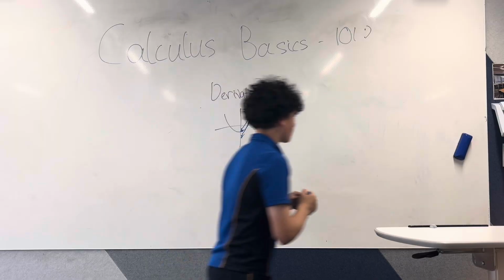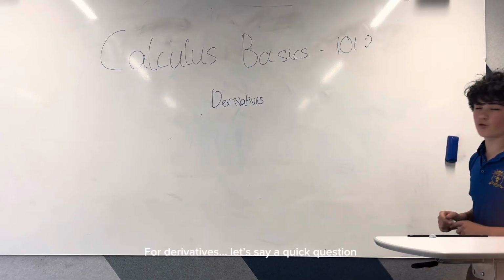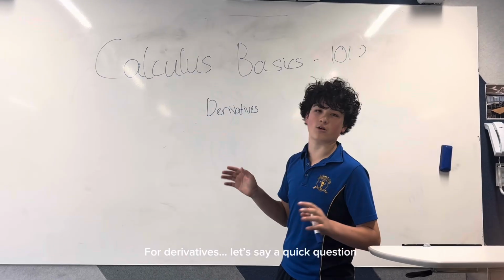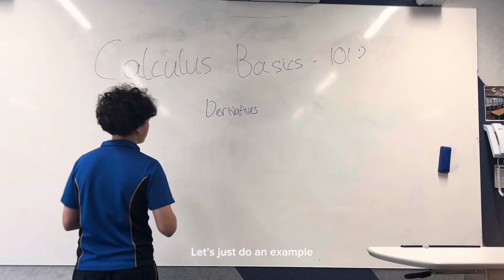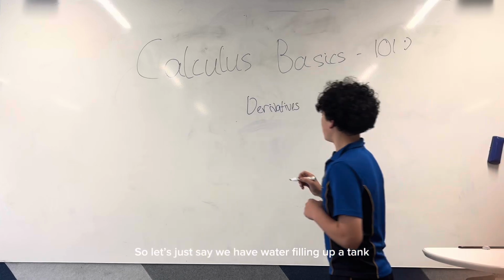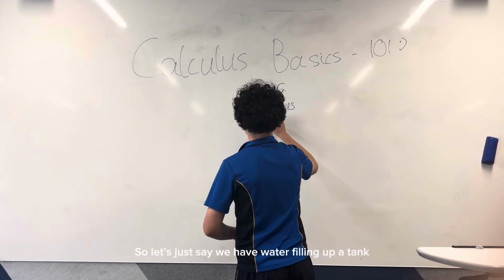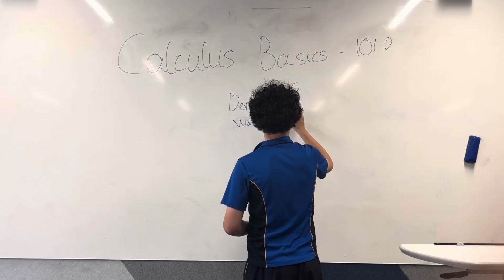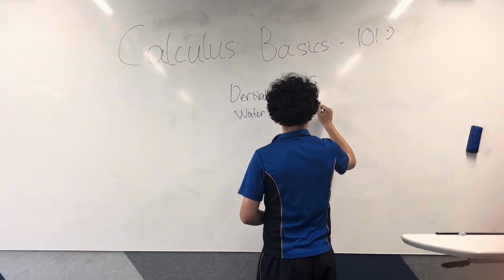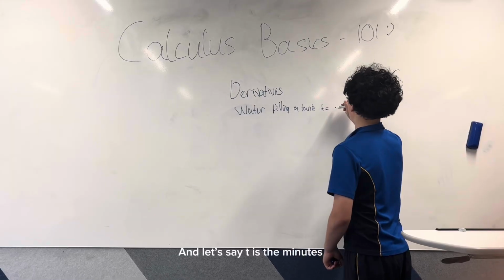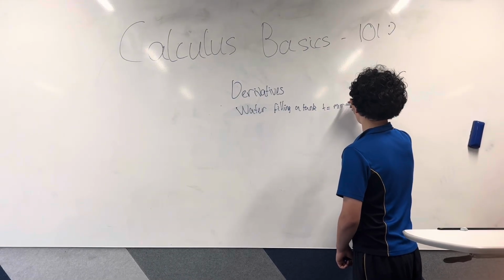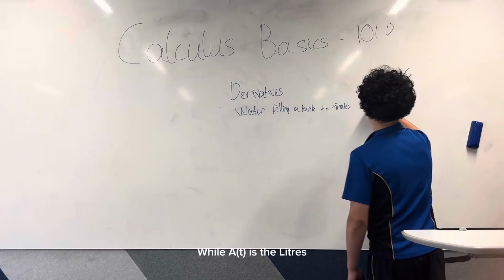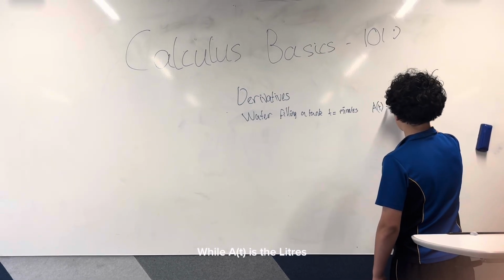Now, for derivatives, let's just do an example. So, let's just say we have water filling up a tank, and let's say T is the minutes, while A of T is the liters.